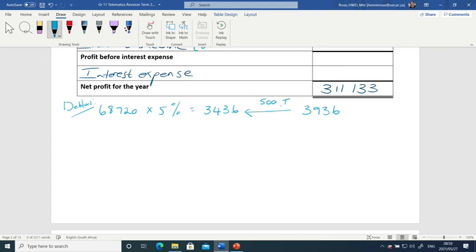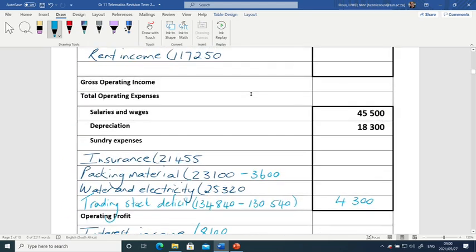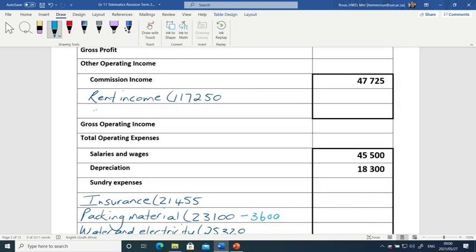Therefore, it will be an income on the statement of comprehensive income. So there is our line open for that. Provision for bad debts adjustment. That word is important because that shows it is a nominal account adjustment, and you can show the difference there, 3,936 minus the 3,436. That will give us an adjustment of 500 Rand. So we decrease the provision.